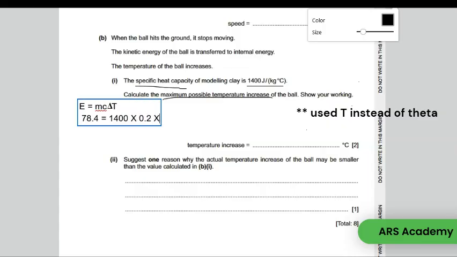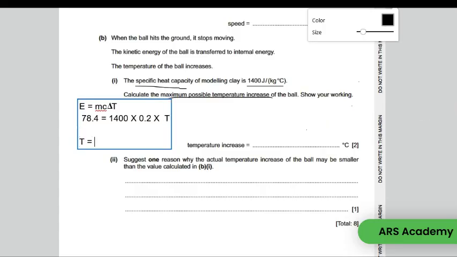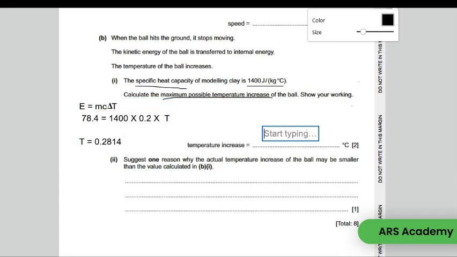So 78.4 is equal to 0.2 multiplied by 1400 multiplied by del theta. Using that, we will see that del theta is equal to 0.2814 degrees Celsius. So we can convert it into 2 decimal places. 0.28 degrees Celsius is the answer.